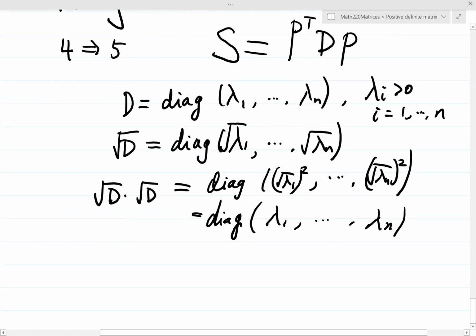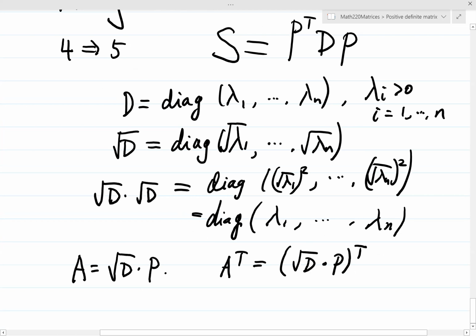Then we can write in this form. If we write A as square root D times P, now A transpose is the transpose of a product. We need to switch the order, remember.